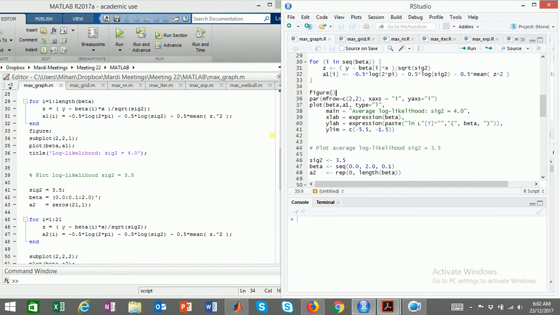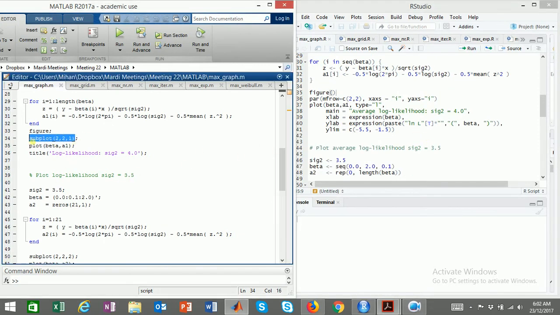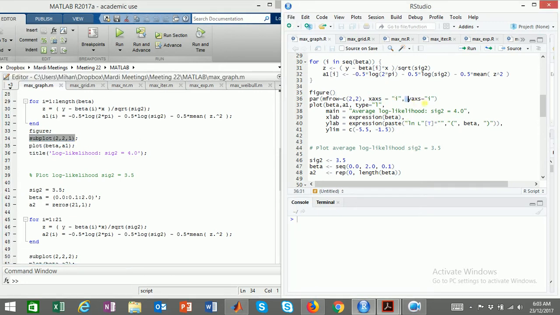Okay, then we create another subplot. We need 4 by 2 by 2 meaning 2 multiplied to 2, and the position is 1, so we actually have 4 here because we have 4 pieces of information. X axis is I, y axis is I, par mfrow, just remember that.